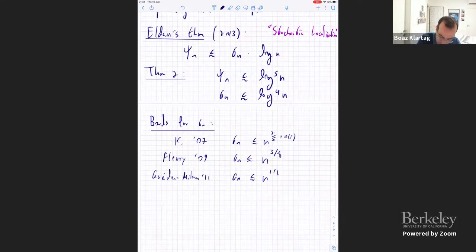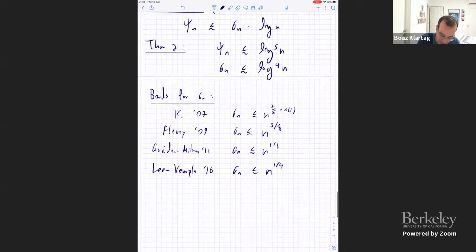And then there was some break of 5 years, when Eldan did this method, and then it was used by Lee and Vempala to get a clean n to the 1/4. So we thought it's clean at the time. And then Chen, in 20, got that. So this was the break. He got it for all of them, even psi_n.